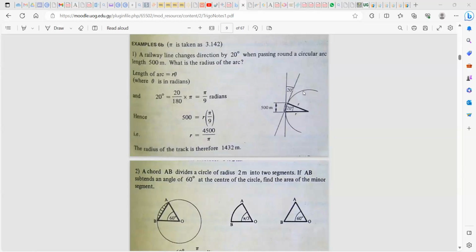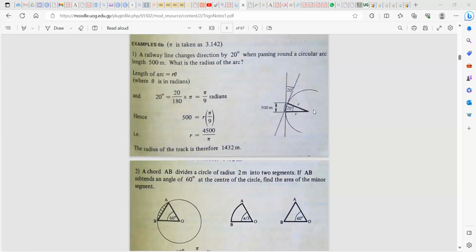So a little geometry will tell us that the arc here subtends an angle of 20 degrees, right? By the way, if you measure the angle, tangent when the train is here as compared to there, when you draw the two tangents, they will intersect at 20 degrees, right?